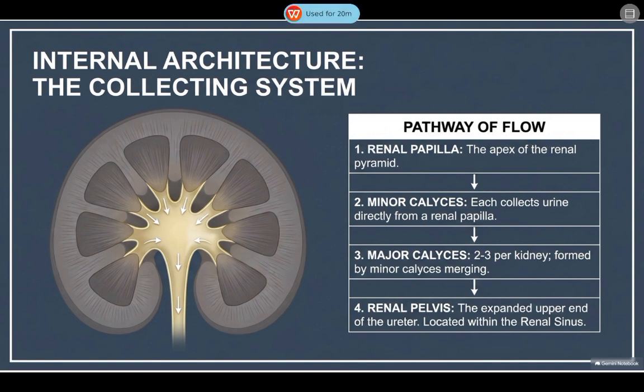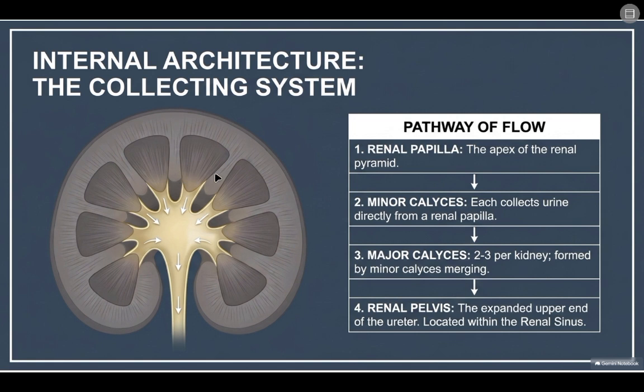So we have the architecture of the collecting system. So let's talk about the collecting system of the kidney. The first thing we have in the collecting system of the kidney is the renal papilla. Where is the renal papilla? The renal papilla is the apex. Remember, we have the pyramid, and in this pyramid we have the base, directed towards the renal cortex.